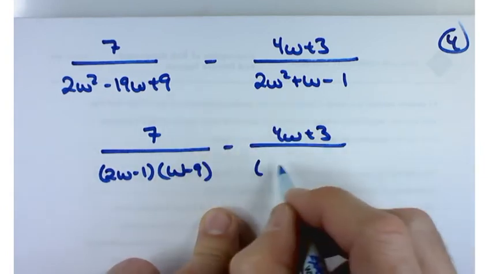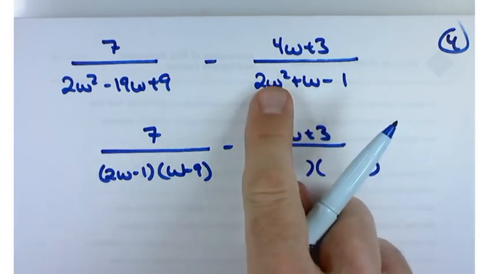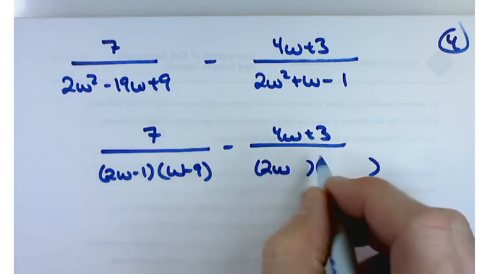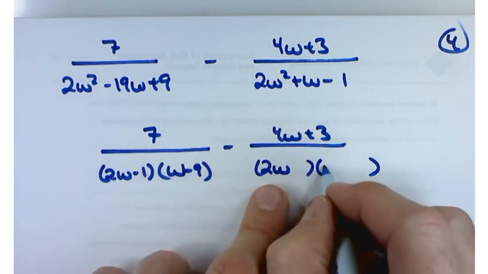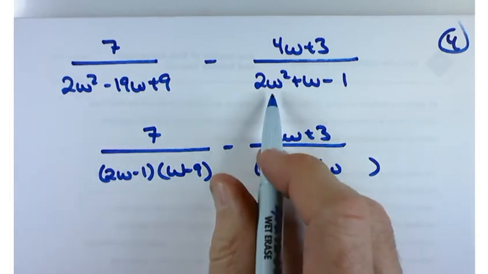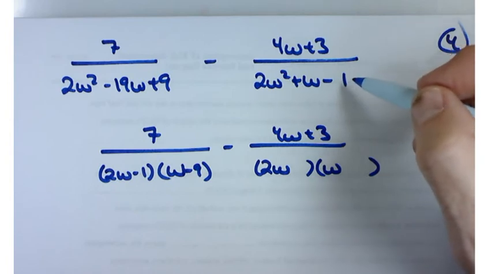Likewise over here, this one, you can actually work your way through it by guess and check pretty well. The first terms have to be a 2w and a w, right? Because those two multiply together and give me that. The last terms multiply to negative 1.